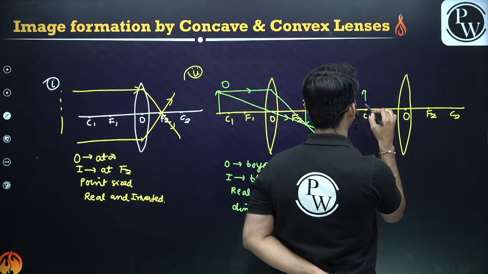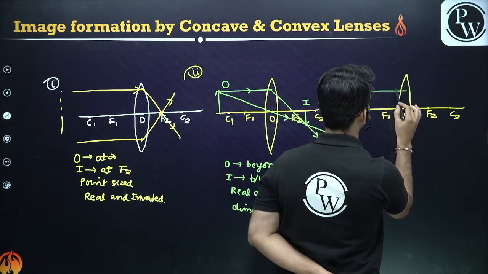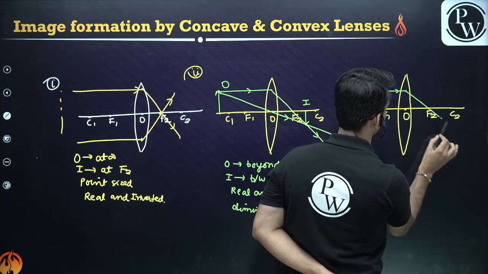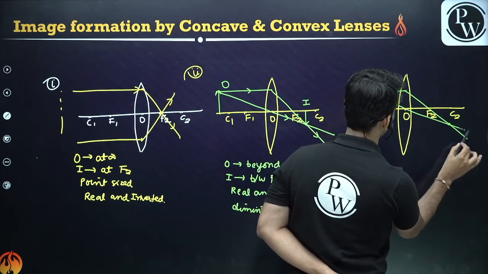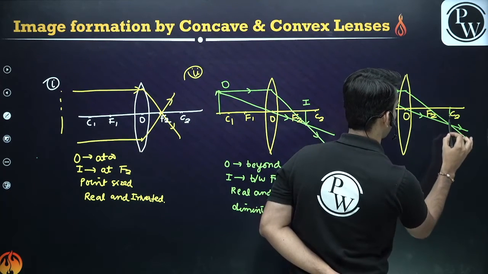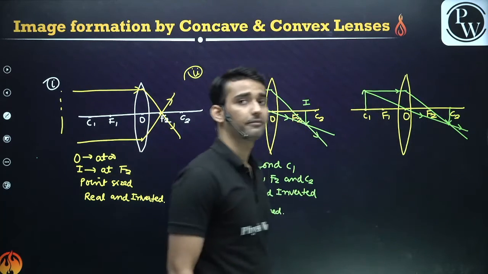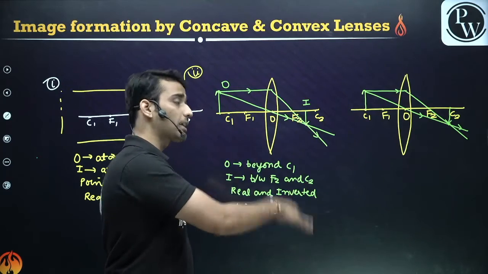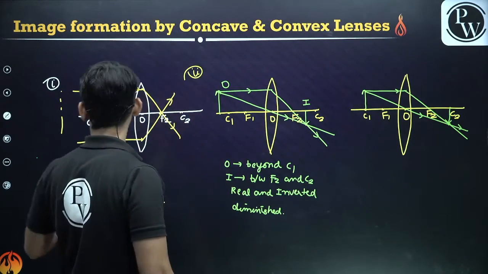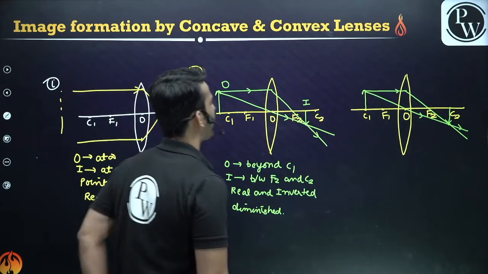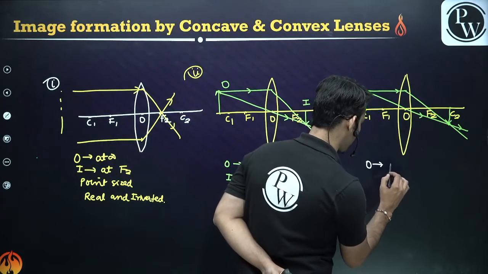What about this one? Again the object will come closer, so the first ray will be like this. The second ray will go like this. So here the image is formed at C itself. I want you to draw the ray diagram with this much perfection like I am doing, and this only comes with practice. Where is the object?